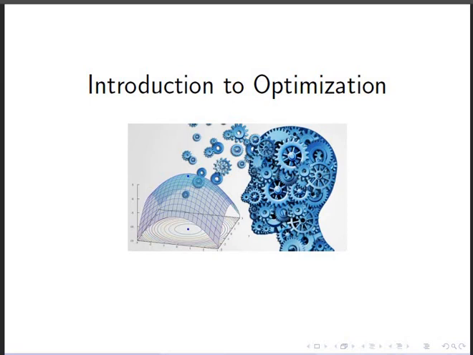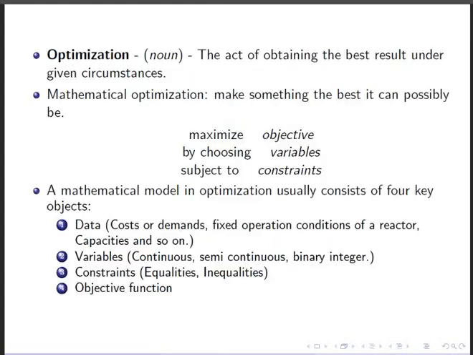In mathematical terms, an optimization problem is the problem of finding the best solution from the set of all feasible solutions. The first step of the optimization process is constructing an appropriate model.